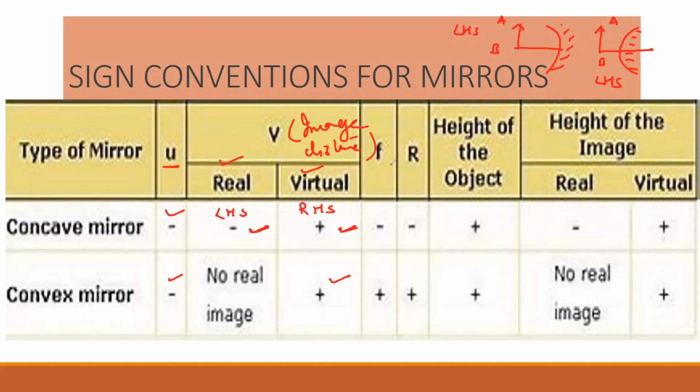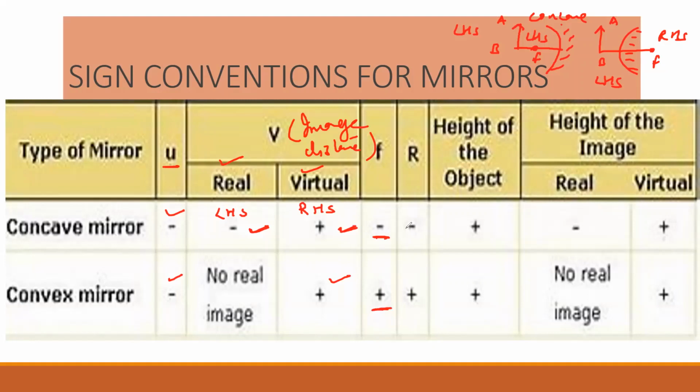Then focus. Concave focus lies on the left hand side. Convex focus lies on the right hand side. So focal length is negative for concave and positive for convex.